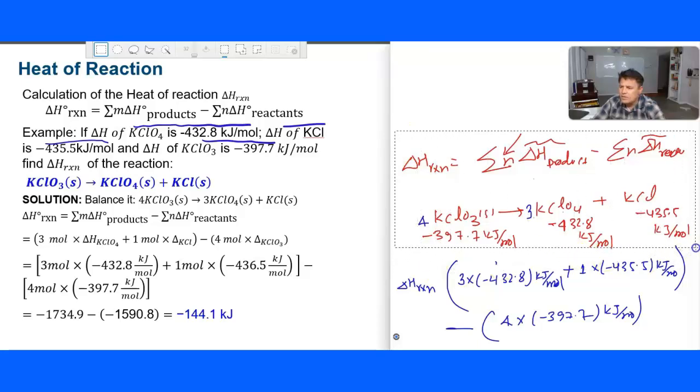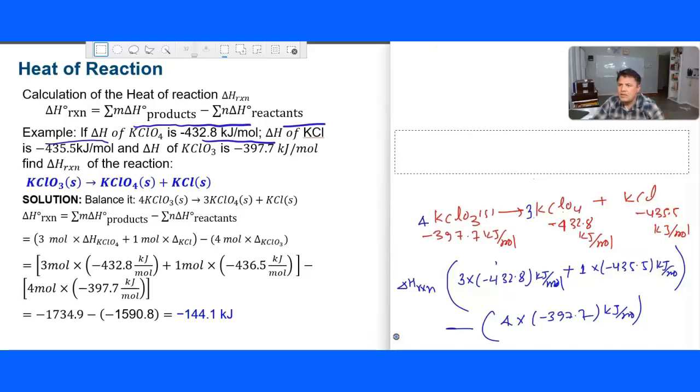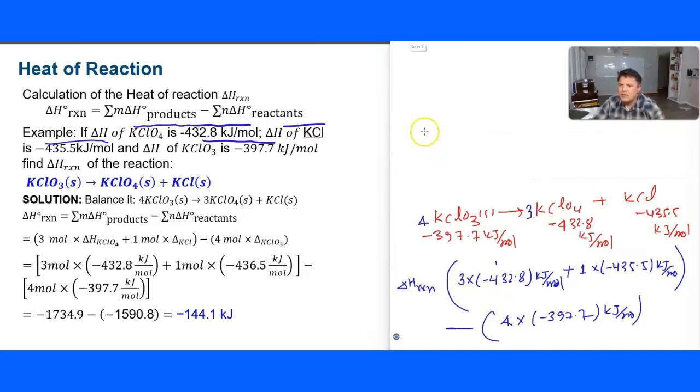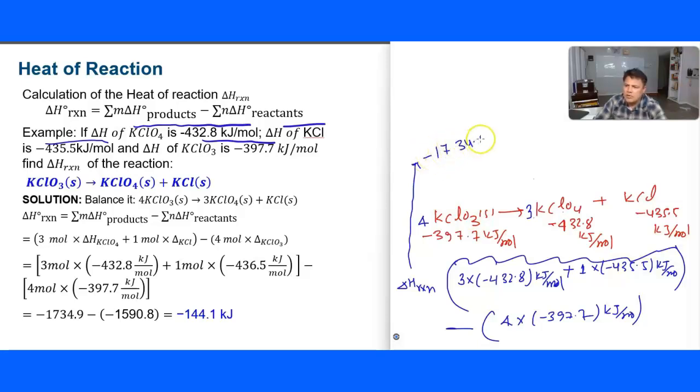Let me erase this previous one. This value is minus 1734.9, and this value is minus 1590.8, which is equal to minus 144.1 kilojoule.